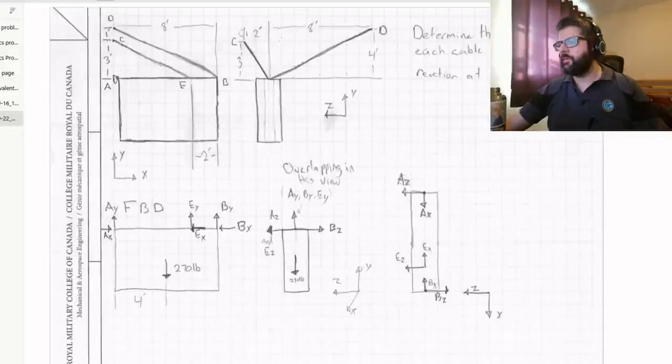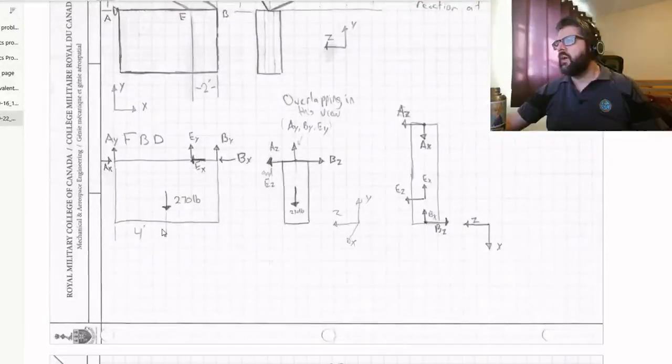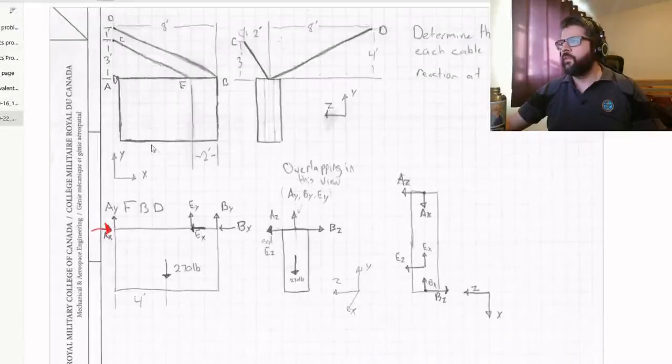So in our XY view here, the forces that we'd be able to see would be the forces in the X direction. We're going to have an AX here, a force support from the ball, the hinge. We're going to have an X component of the tension for this cable here from E to C. So that's this cable here.